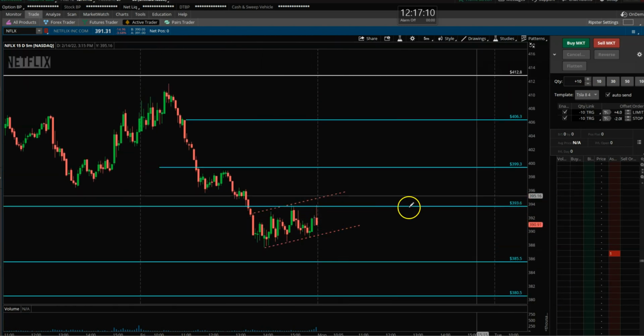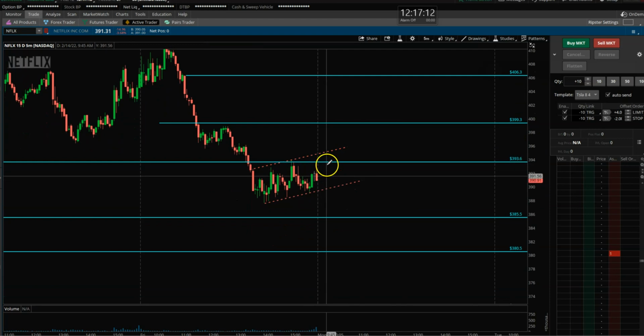So if we start Monday morning somewhere in between, gets rejected around 394, and it breaks below this bear flag, that could be a nice bearish trade. Or you can look for strength on the upside and see if it can get towards 397, 98, short it right around 399 and see if it gives you a little retrace back, rejection from that level, right?